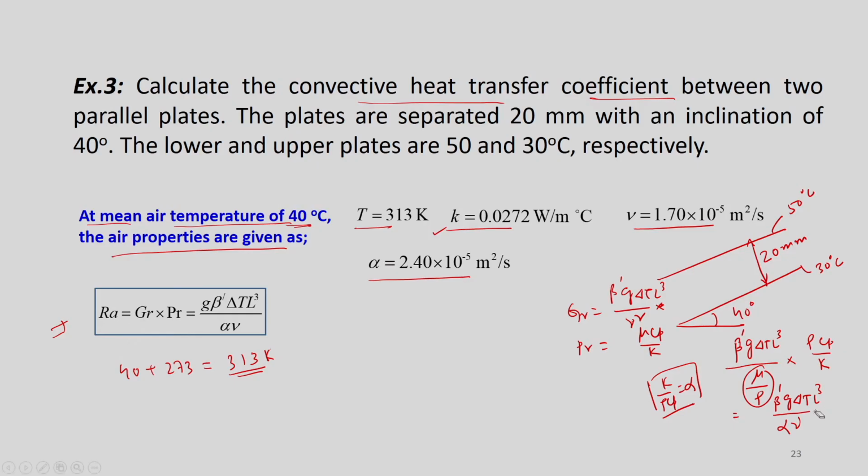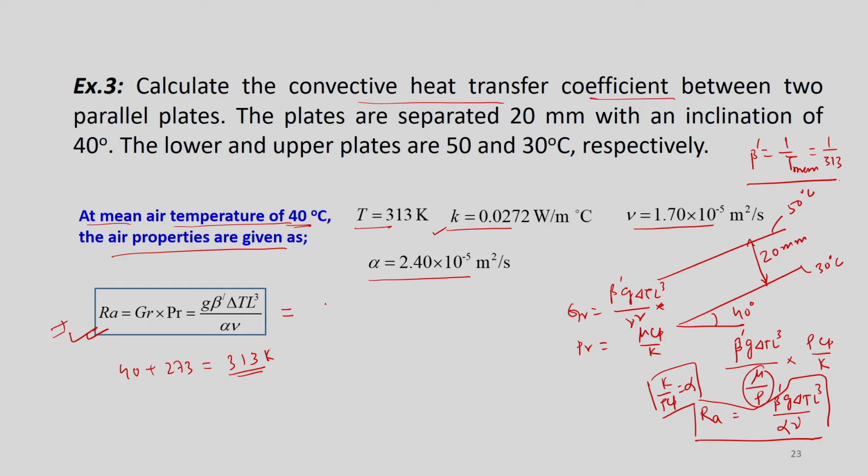So, this will be the Rayleigh number. That is how we can use this directly. If we substitute the values here, beta dash is 1 by T mean. T mean is 313, so 1 by 313, the temperature coefficient.